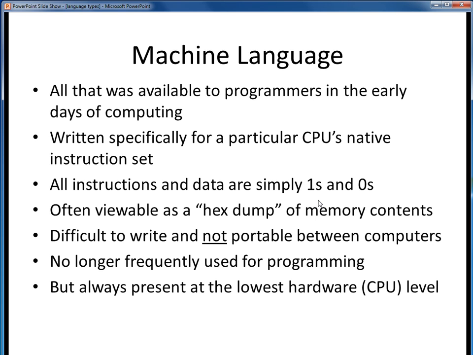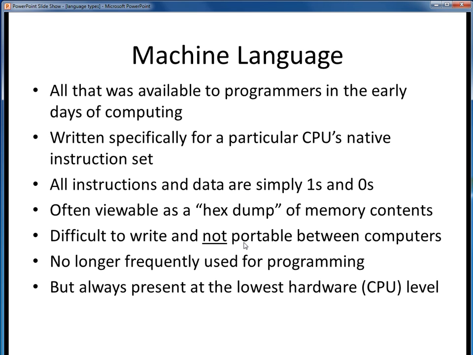For this reason, machine language is frequently viewed using a hex dump of a program's instructions and data, which we'll see an example of in a moment. As you might imagine, machine language was and still is difficult to write, and it is most definitely not portable between computers.